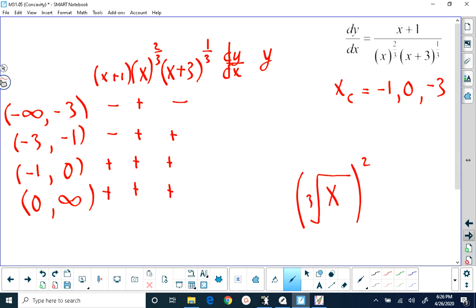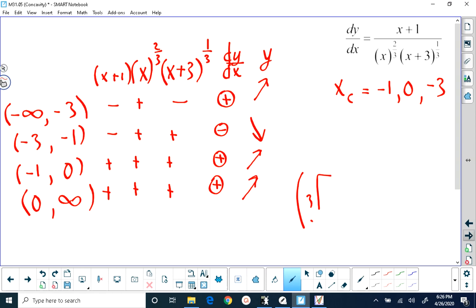Well, we multiply our positives and negatives and get a positive for the first derivative in the first interval, a negative in the second interval, a positive in the third, and a positive in the fourth, which tells us the function is increasing, then decreasing, then increasing, then increasing.